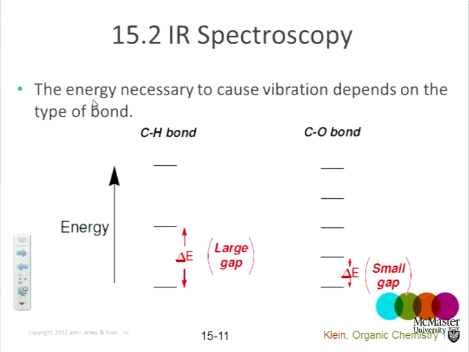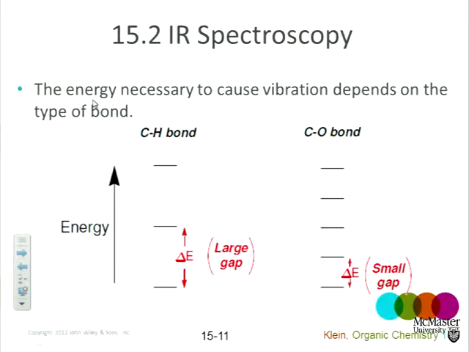So the energy necessary to cause the vibration of a bond depends on the atoms in the bond. So a CH bond is different from a CO bond. It turns out that the amount of energy we need to excite a CH bond into a stretching vibration is much higher than the energy we need to excite a CO bond into a stretching vibration.